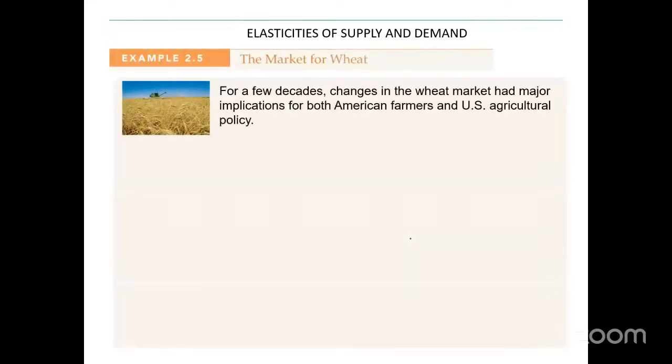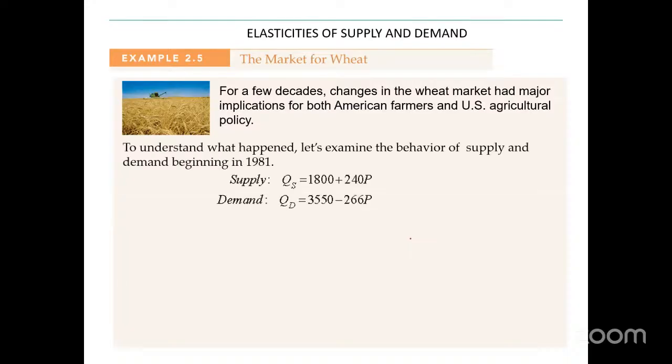Now this one happened in the USA in 1981. The USA government, Department of Agriculture, wanted to take decisions related to price change. What they did in 1981 was estimate the demand function and the supply function, both.